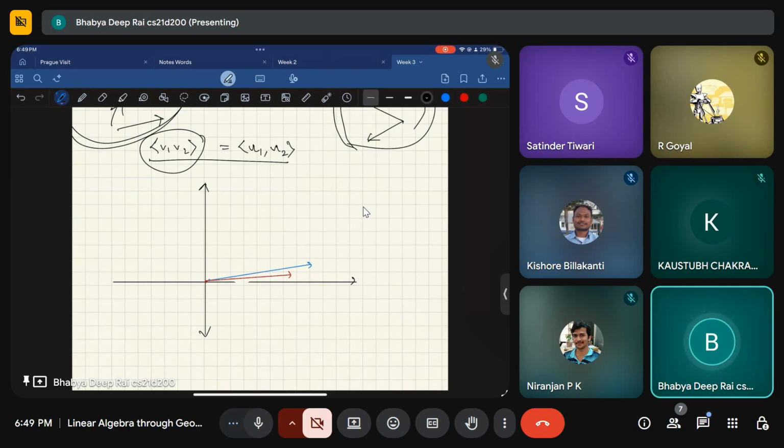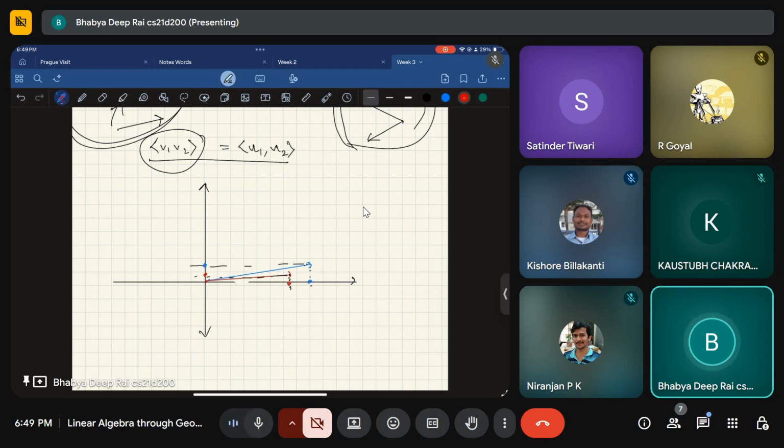Then what happens? What do you observe when you do the product? Okay, when you take this as A and this as B, and this as A and this as B. So sorry, A1, because these were A1, A2 and B1, B2.